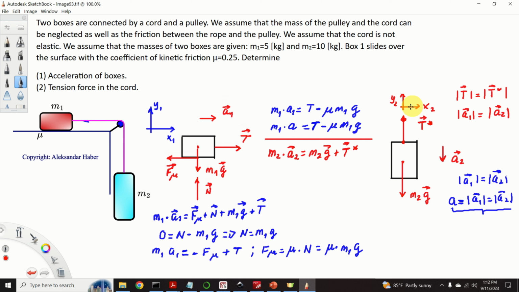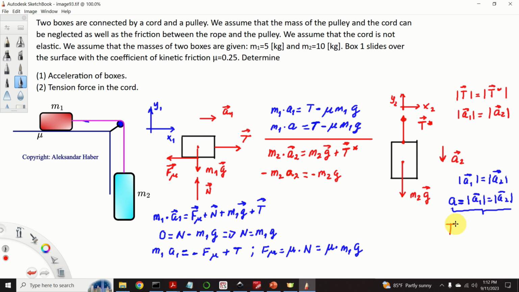And obviously this equation only has projections on the y2 axis, and the projections are, let's write, m2a, however, a2, however with the minus sign, since the acceleration goes downwards, so we have minus this part over here, and let's see what we have over here. We have minus m2g, and what do we see over here?